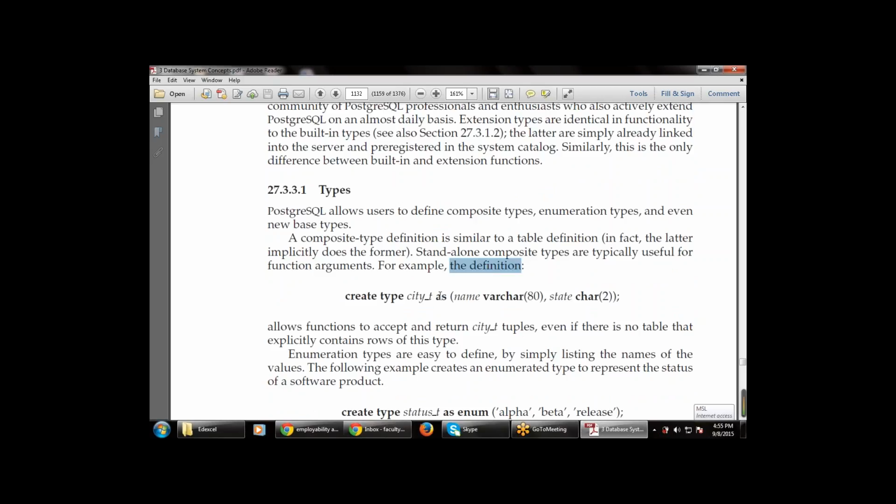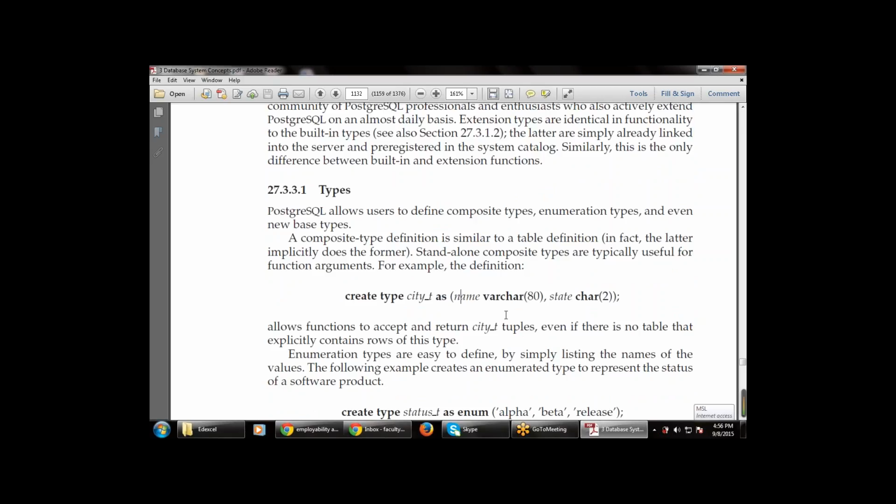For example, the definition CREATE TYPE ctt AS (name varchar(80), state char(2)) allows a function to accept and return ctt tuples even if there is no table that explicitly contains rows of this type.